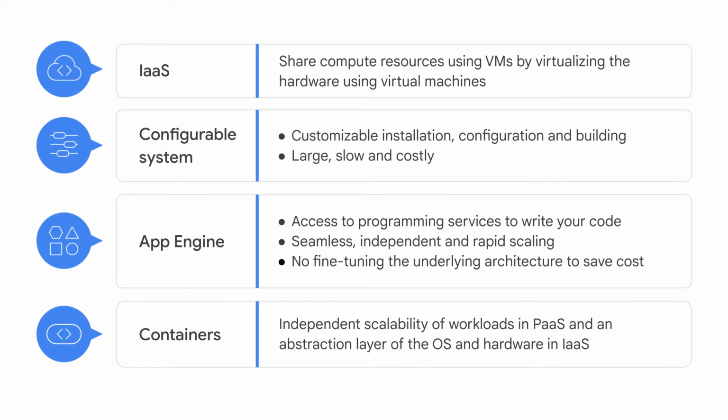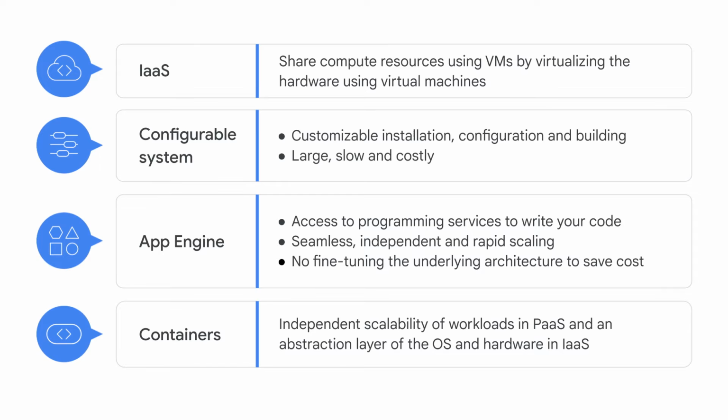IaaS lets you share compute resources with other developers by using virtual machines to virtualize the hardware. This lets each developer deploy their own operating system, or OS, access the hardware, and build their applications in a self-contained environment with access to RAM, file systems, networking interfaces, etc. This is where containers come in.